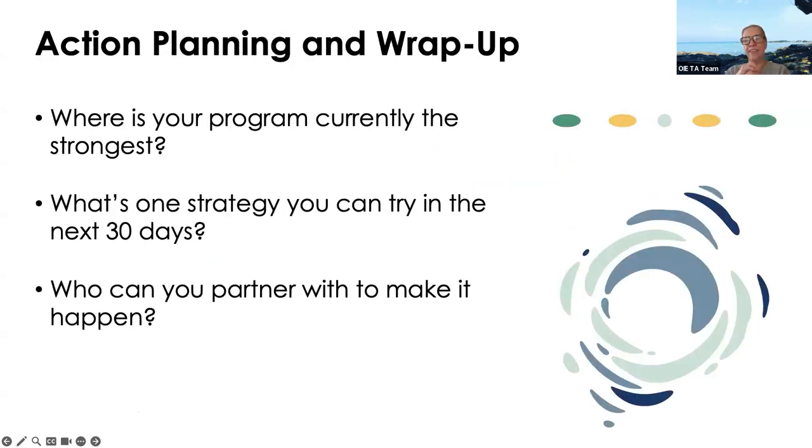And so one of the things as we wrap up this session, we want to take a moment for some internal reflection, or maybe you want to write down some thoughts around this. One of the questions is, where is your program currently the strongest? What's one strategy you want to implement in the next 30 days?